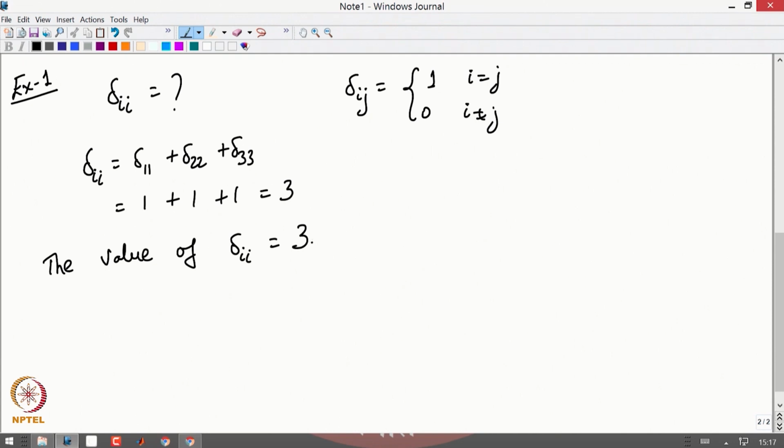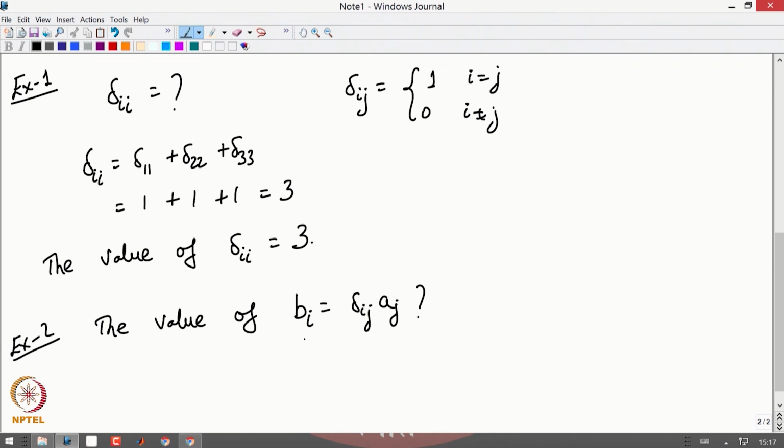In example 2, let us say I have an equation of the form b i equal to delta ij a j.